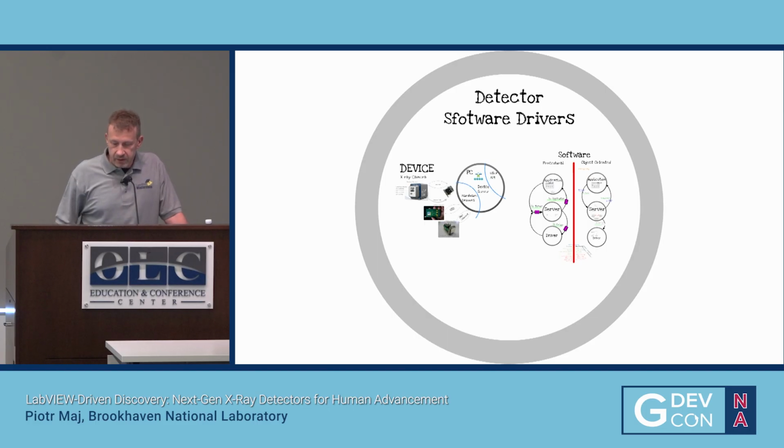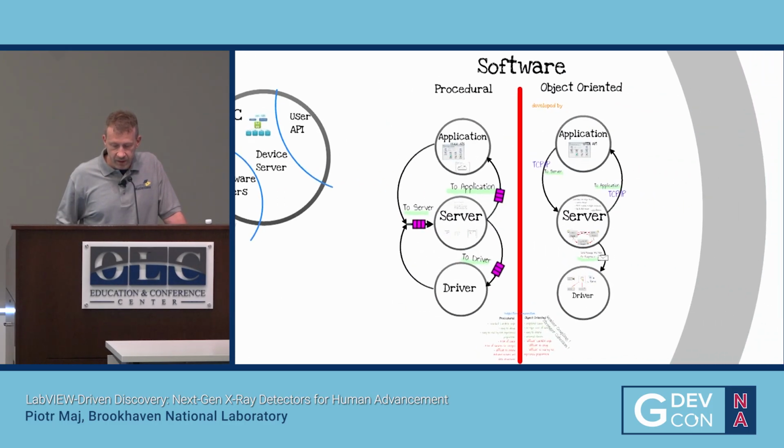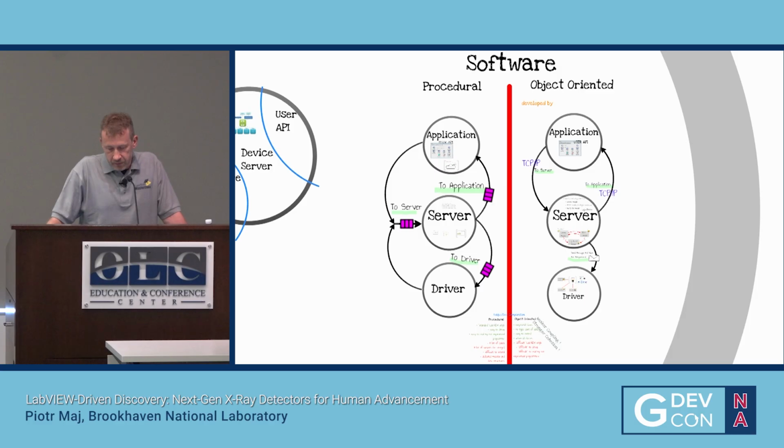It started slowly. At the beginning, it used a frame grabber card. Now it's multiple frame grabber cards. What the software does is provide the interface between the camera and the user. Not only does it have a standalone application, but it also provides a user API for everybody to write their own software.